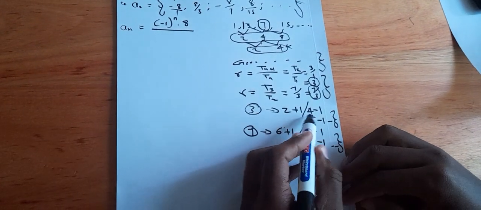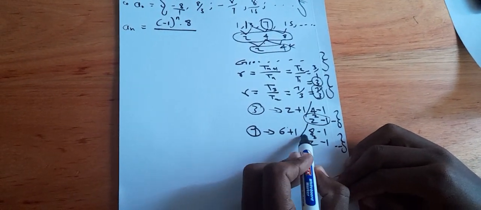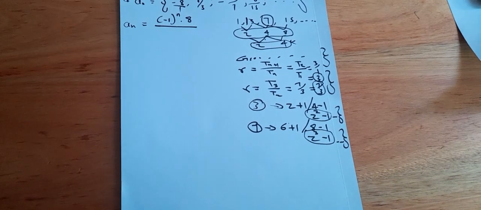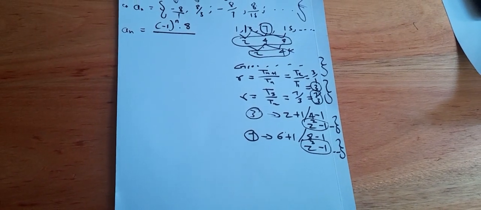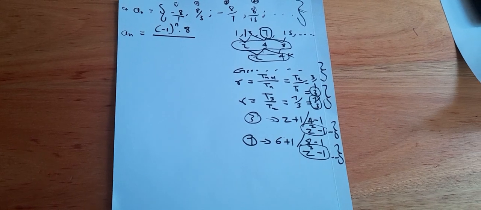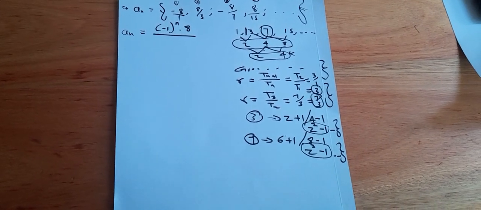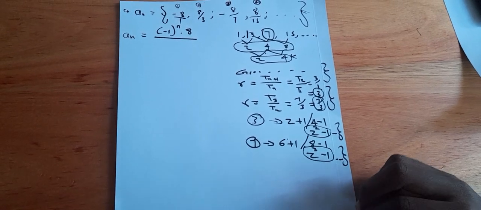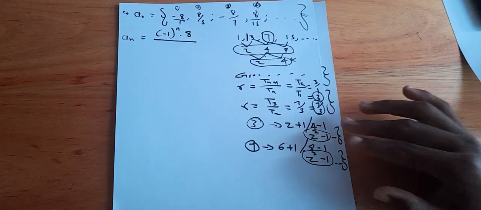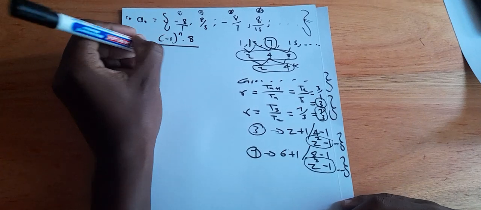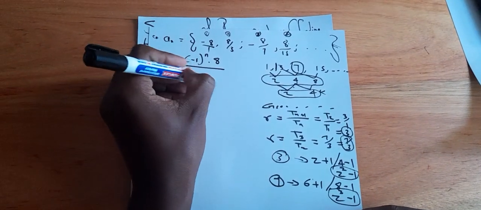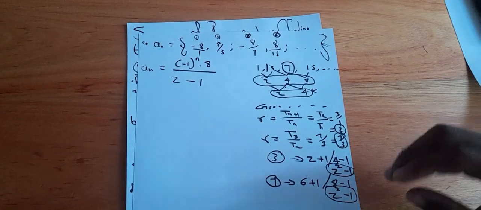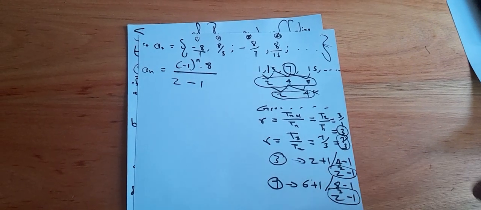But if you compare 2 to the power 2 minus 1 and 2 to the power 3 minus 1, you see that you have minus 1 as a constant and the base as a constant. The only thing that is changing is the exponent. So the base and minus 1 are constant, and I can easily say 2 to the power of something, minus 1. Now we need to determine what's going on with the exponent.